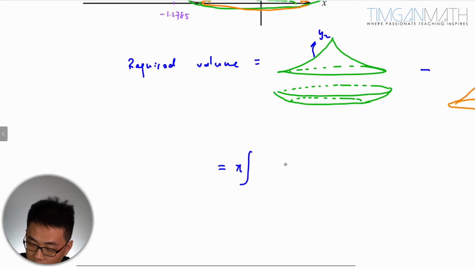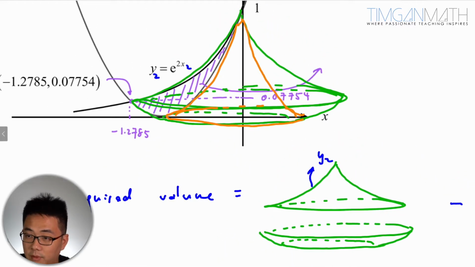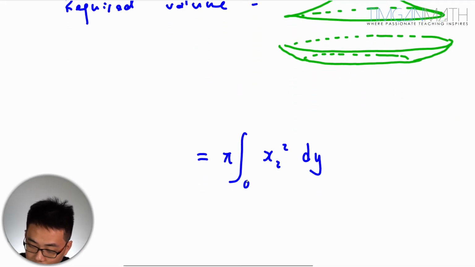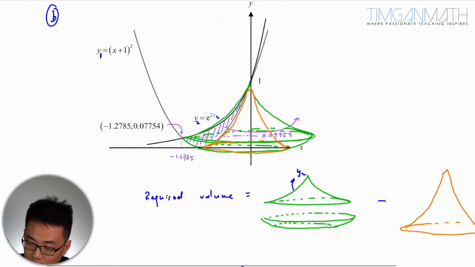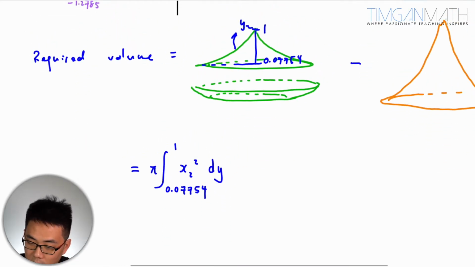So I'm using dy, rotate about the y-axis, so this will be pi x2 square from 0.07754 to here, which is 1. Because we have this over here, this is 1, and this is 0.07754. Okay, so done. So I've gotten this.